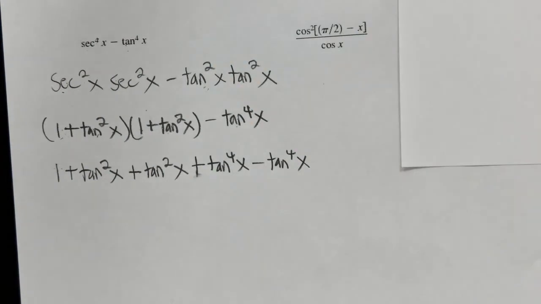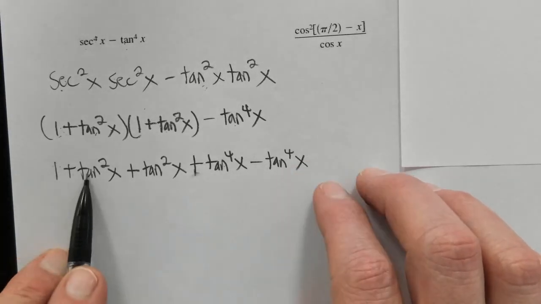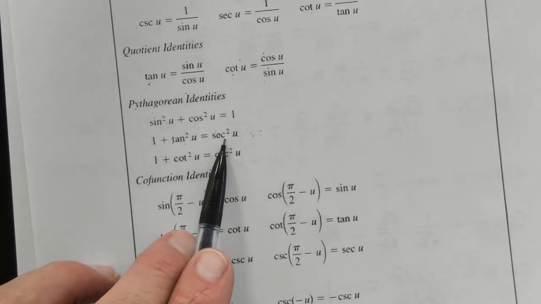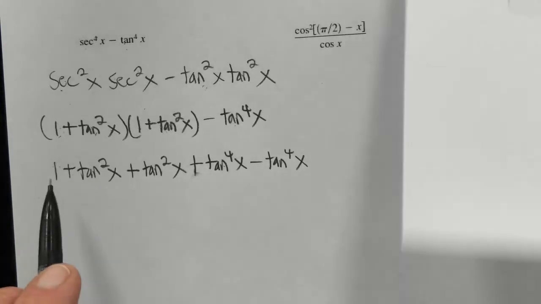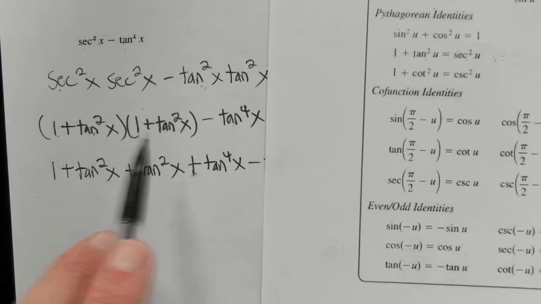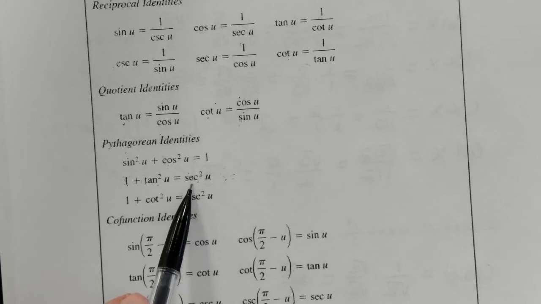Okay? Now, how does that help us? That helps us because this now is gone. 1 plus tangent squared I can now take back to secant squared. And remember, if I'm expanding this out to get something to cancel, once we're done with that, if we can change it from 2 terms back to 1, we're going to do that.